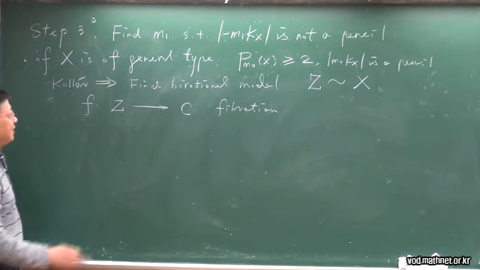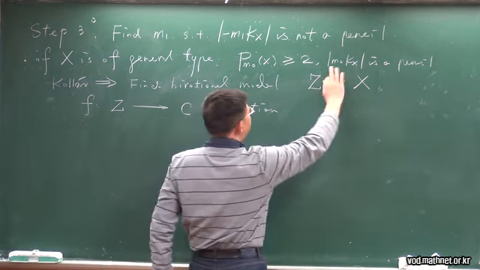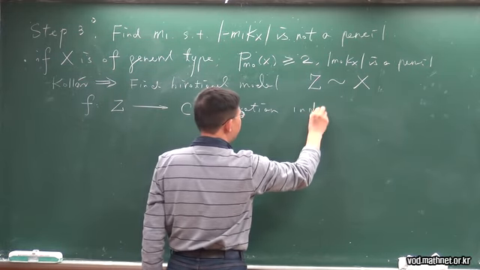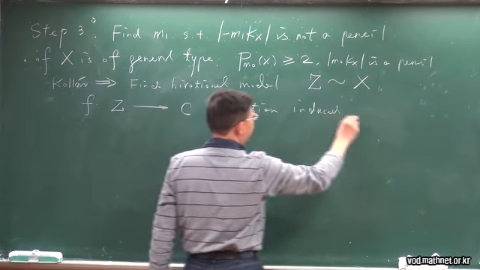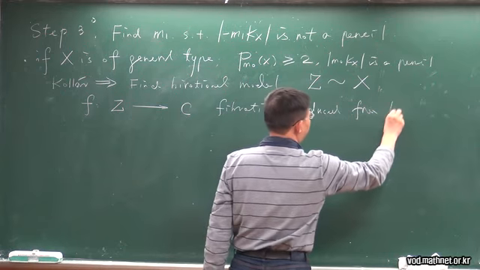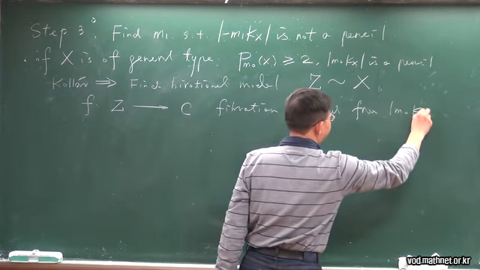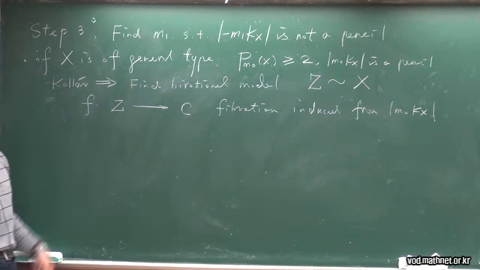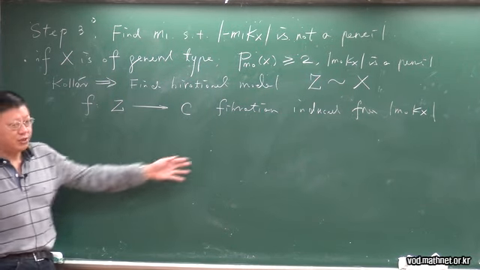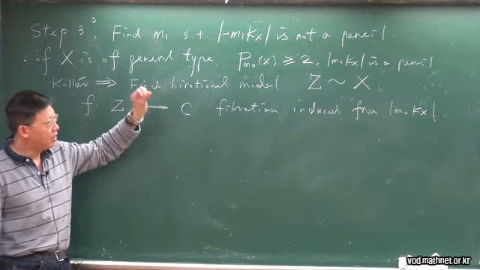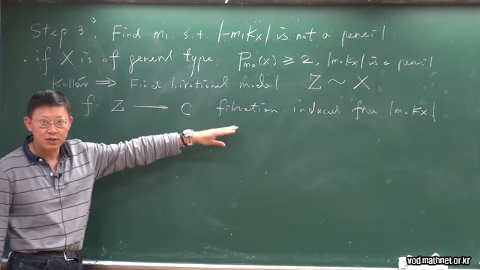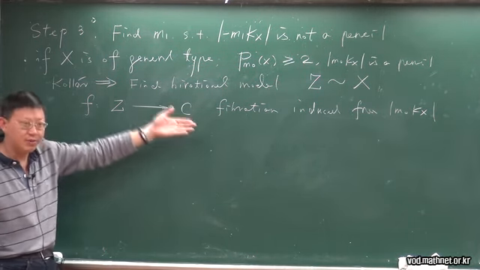So Kollár says, suppose this is a pencil, then it induces a fibration, induced from m0 Kx. Then you want to find a new number which is larger, in terms of the given m0, so that mK is not a pencil.